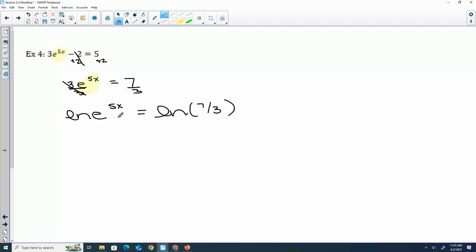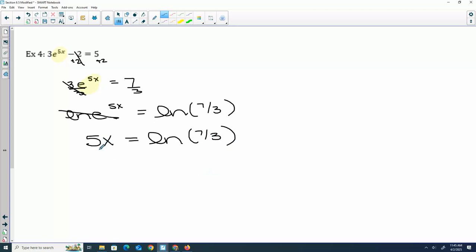When you have a natural log and an e, they can cancel. If you keep that natural log of e, it's fine. You'll just bring down your 5x and divide it over. But if you recognize that shortcut, because natural log of e is 1, that would just go away. So we have 5x equals the natural log of 7/3.